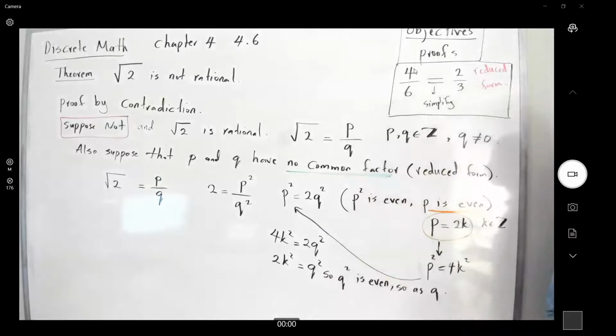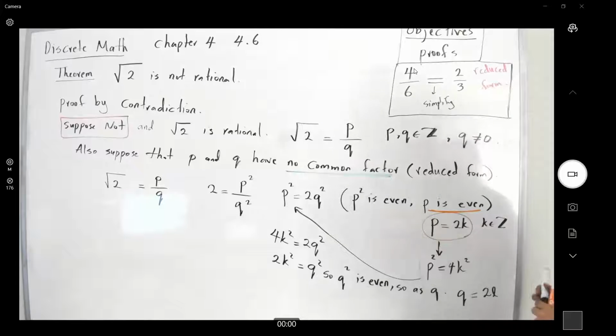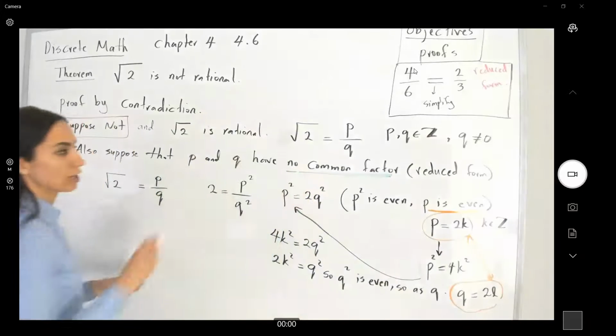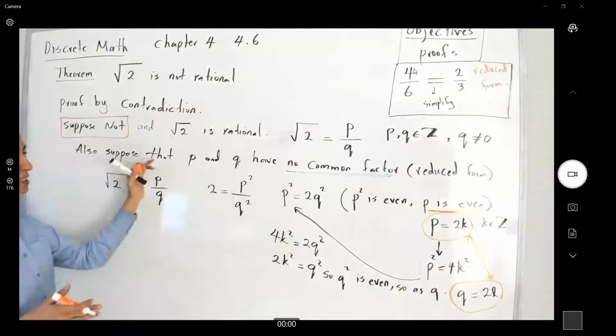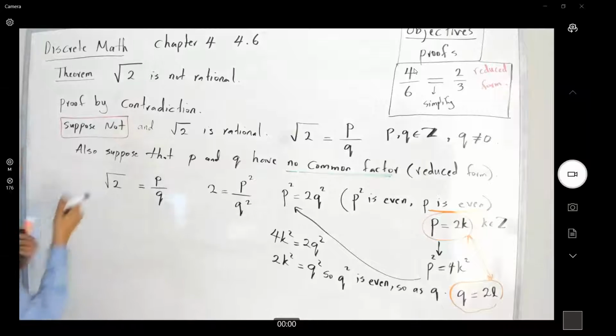But here is your contradiction. Q is even, P is also even. So Q can be written as 2 times L. As you can see, here you have a common factor between P and Q, which is at least 2. There's a contradiction with the assumption that there is no common factor between P and Q.